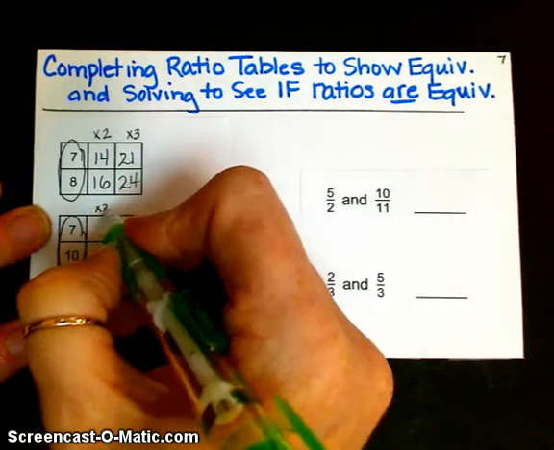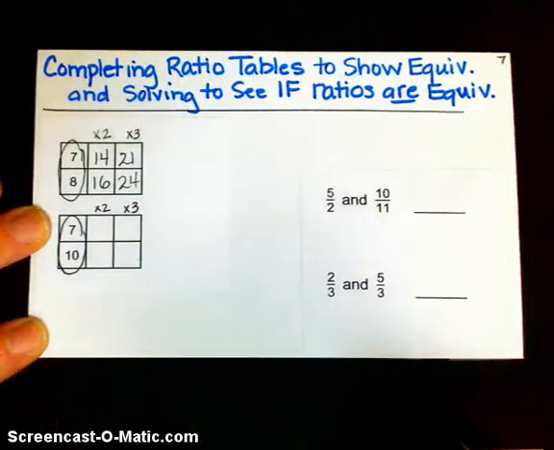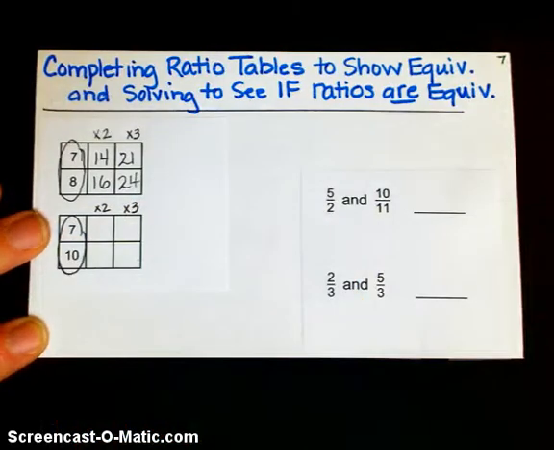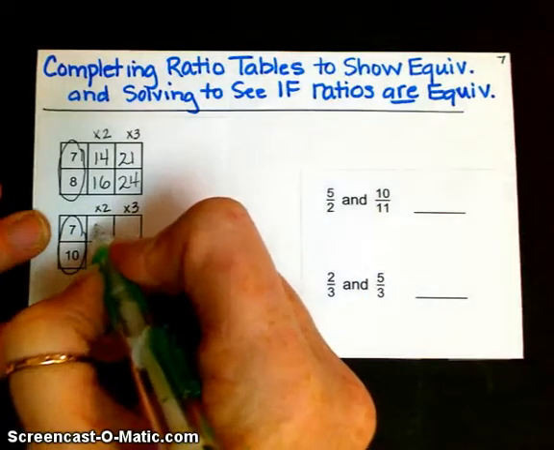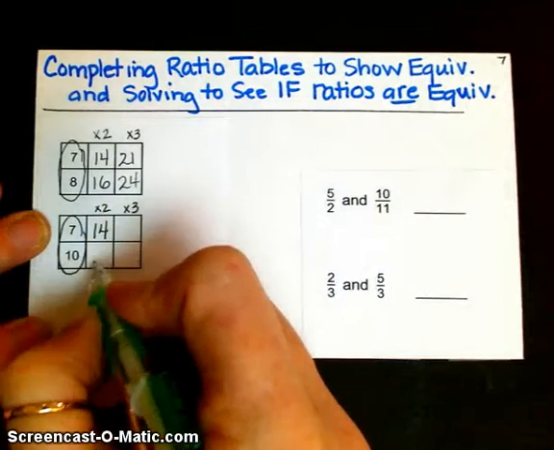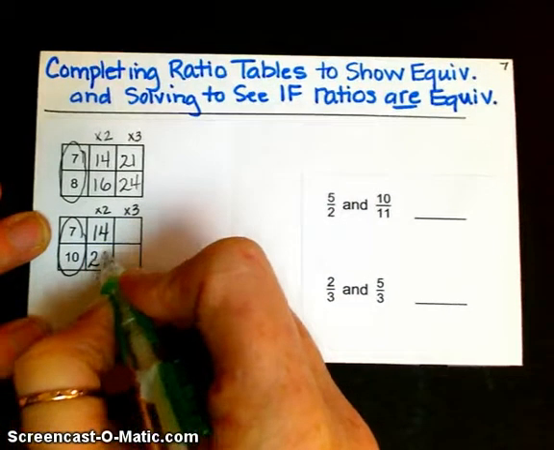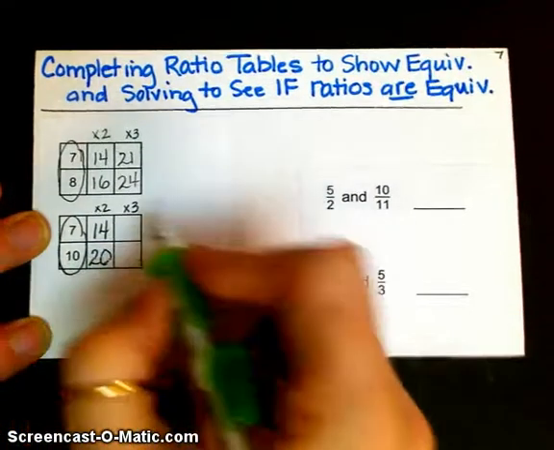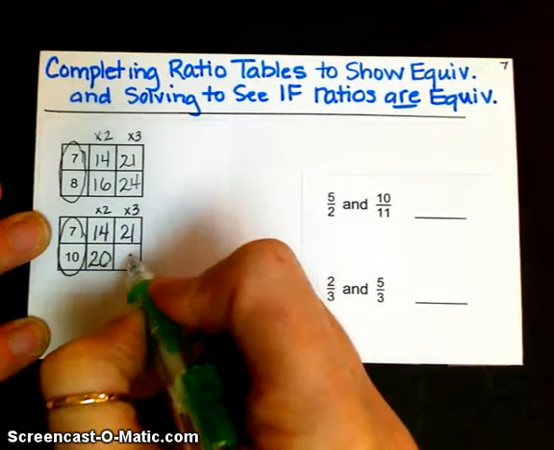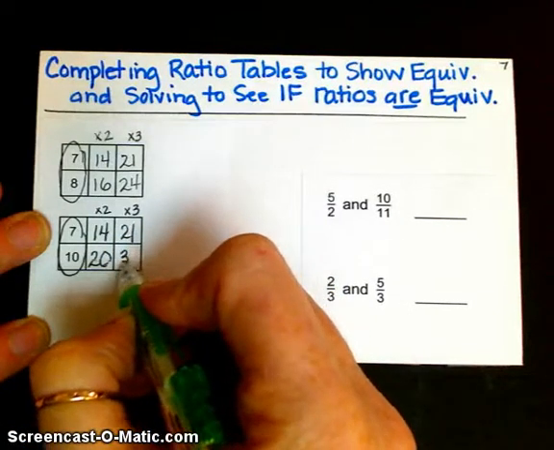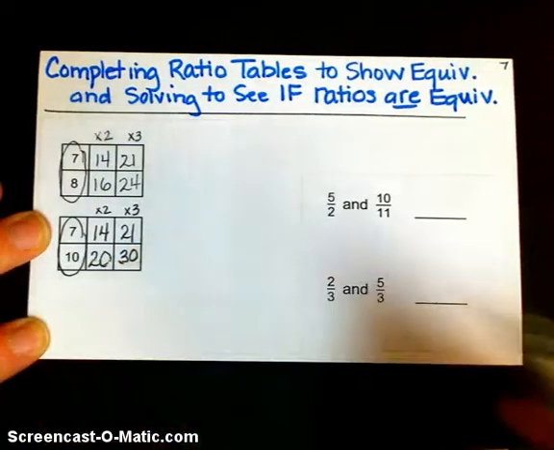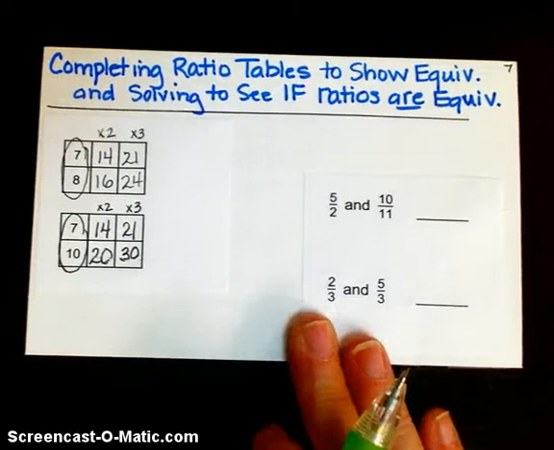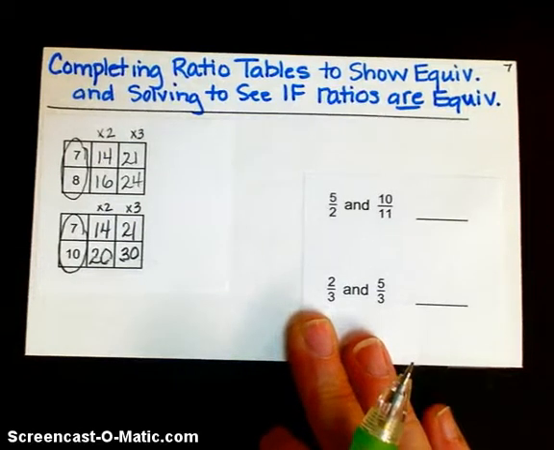Again, we're going to multiply times 2 to double it, and times 3 to triple it. 7 times 2 again is 14. 10 times 2 is 20. 7 times 3 is 21, and 10 times 3 is 30. So that is how you would fill in tables if you're trying to find equivalencies.